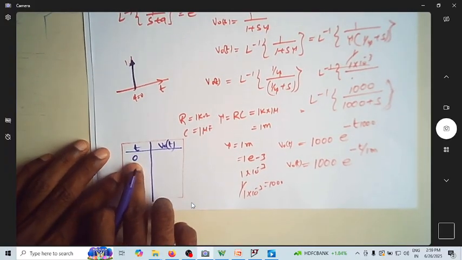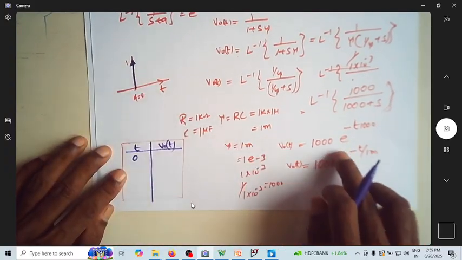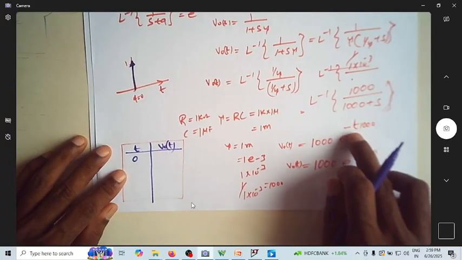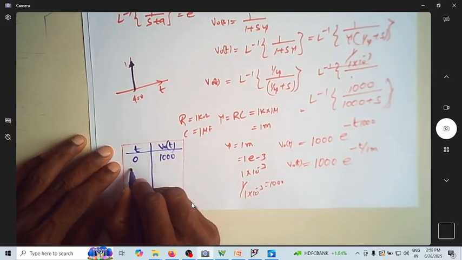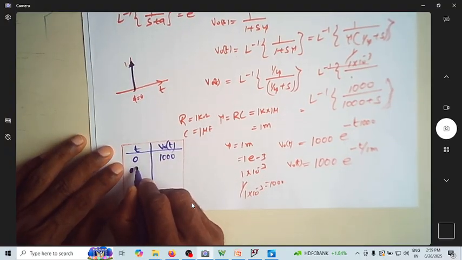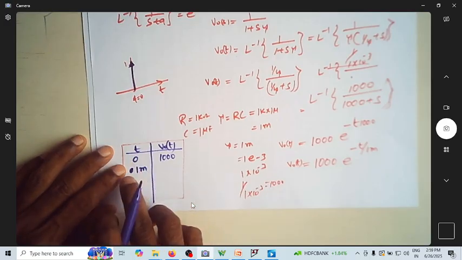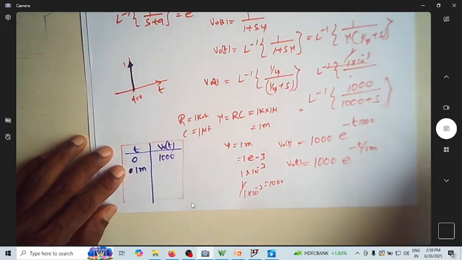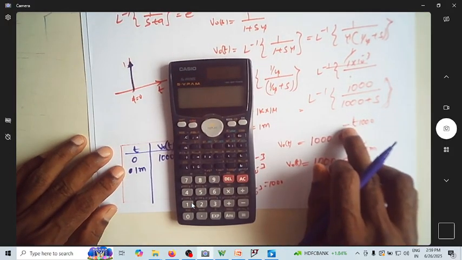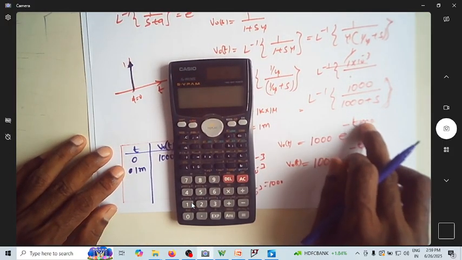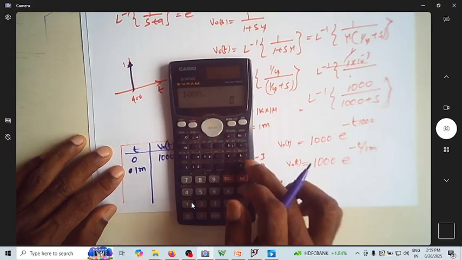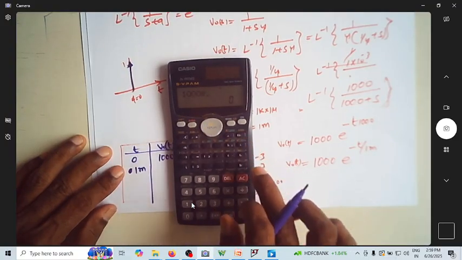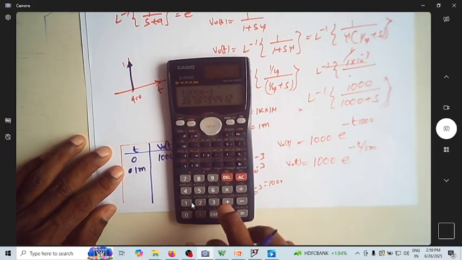At time t equal to 0, if you substitute t is equal to 0, then the exponential becomes 1, so this is 1000. Suppose you take t equal to 1 milli, after 1 millisecond, what happens? I can substitute this, so t is 1 milli and 1 milli is 1000, so that will cancel out. It is 1000 e power minus 1.